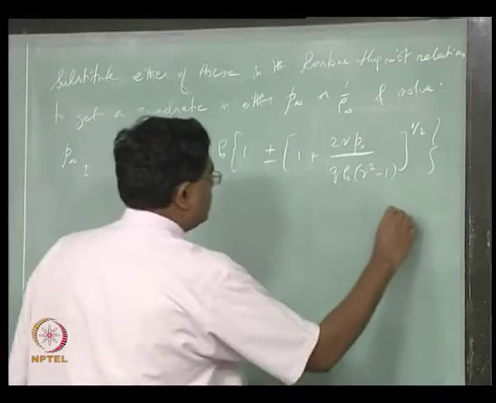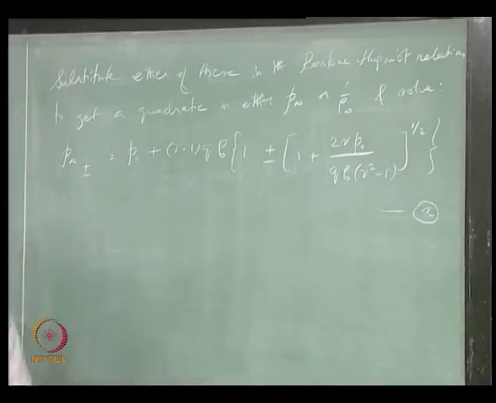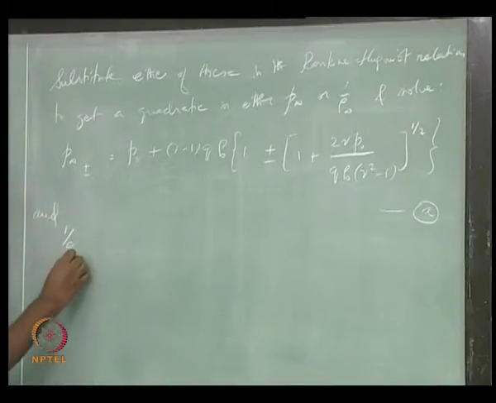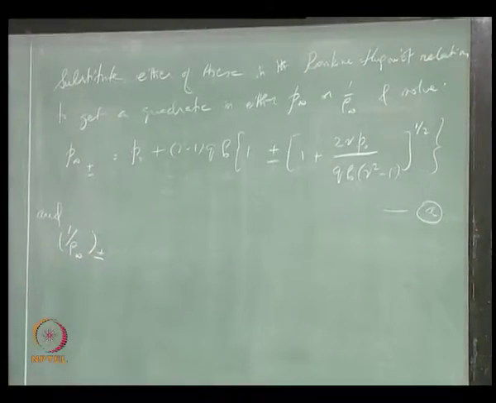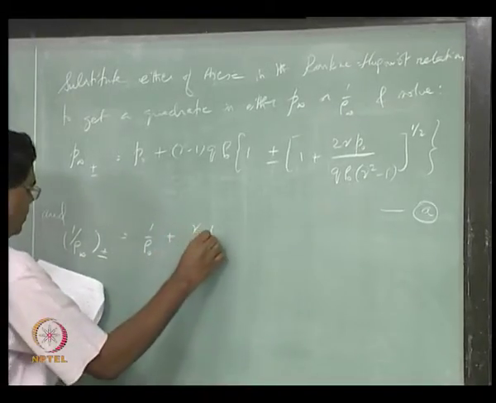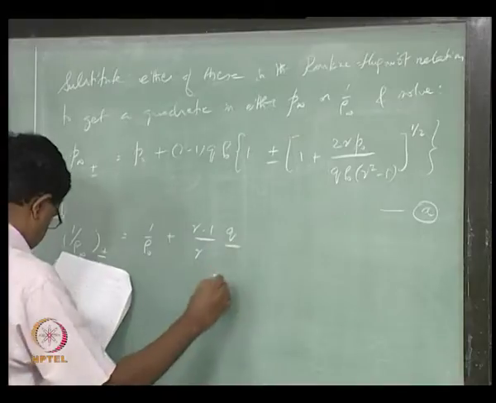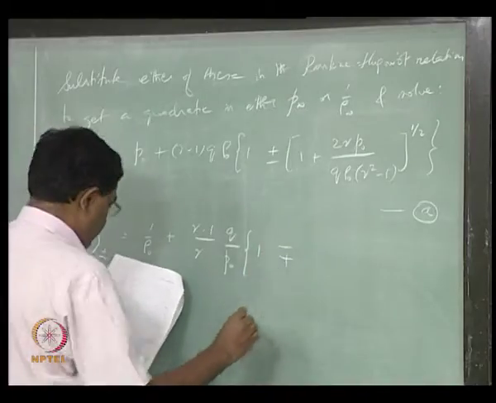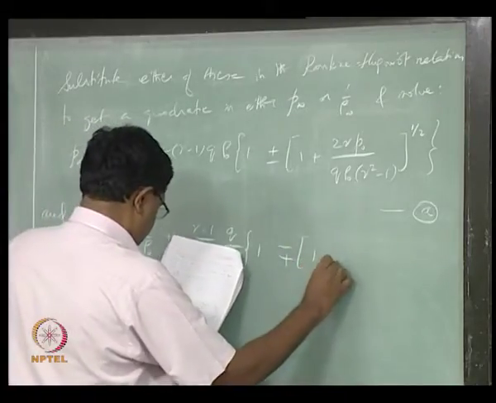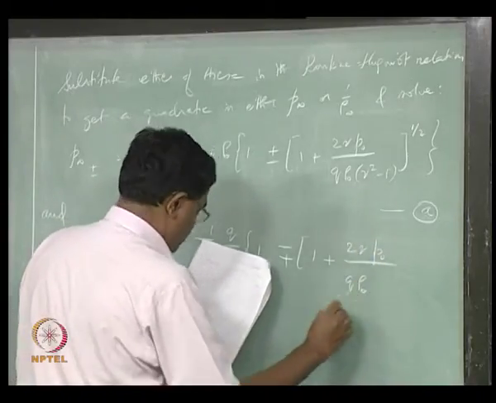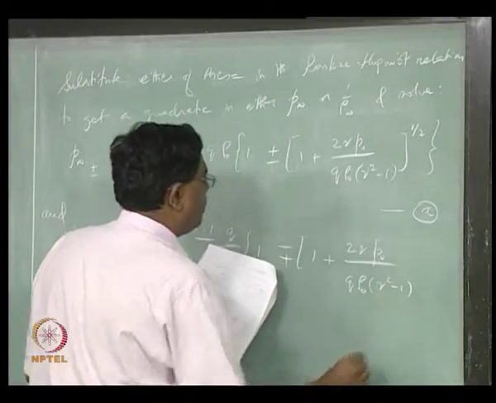Okay, now let's call this small a, the expression for P infinity plus or minus, and 1 over rho infinity plus or minus equal to 1 over rho naught plus gamma minus 1 divided by gamma Q divided by P naught times 1 minus or plus 1 plus 2 gamma P naught divided by Q rho naught gamma squared minus 1, to the half, right?